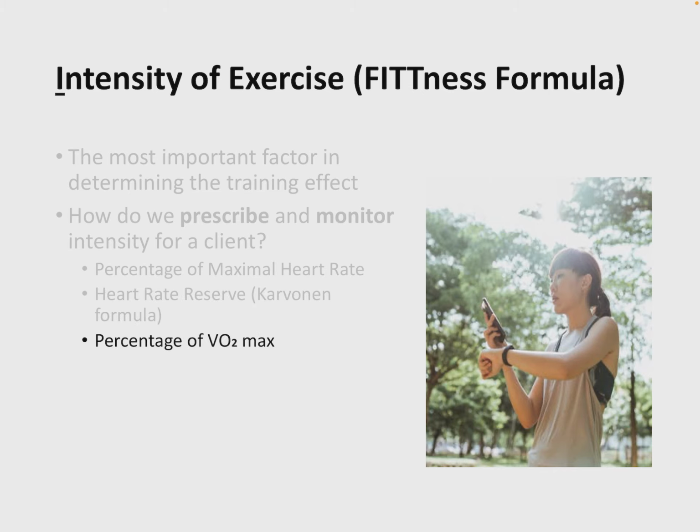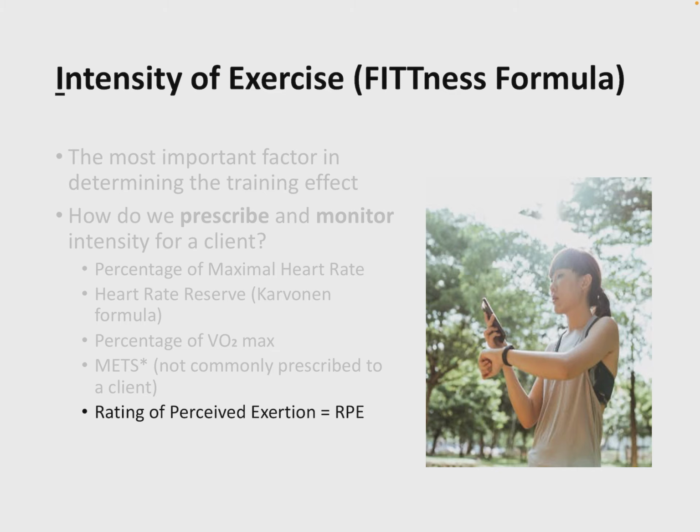And then our last 4 do not require us to use heart rate, although for percentage of VO2 max, we'll talk about how there's a linear relationship between VO2 max and heart rate. And our METs, we don't commonly use METs with clients or athletes. Rating of perceived exertion is a bit more common, and then the talk test method.